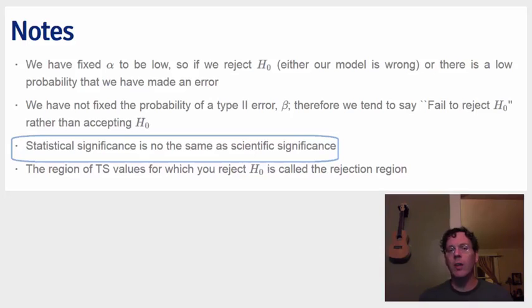However, I would say the distinction between statistical significance and scientific significance is a complicated topic, and it also involves study design, since you might expect small but meaningful differences in certain kinds of studies. So I would say, even though the standard tagline in statistics is statistical significance is not the same as scientific significance, I would also say, but it's kind of complicated to actually draw a line between the two.